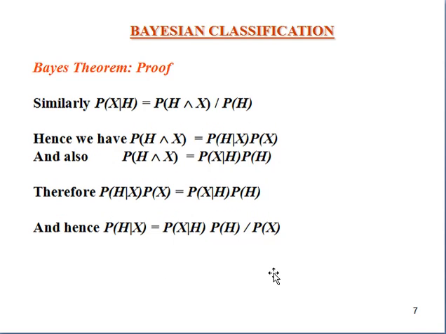Similarly, conversely, p of x given h equals the probability of h and x divided by p of h, and using these equations we get the proof. So this is a brief overview of Bayesian theorem. If you are not familiar with it, please have a look at the basic statistical theory of Bayesian theorem.